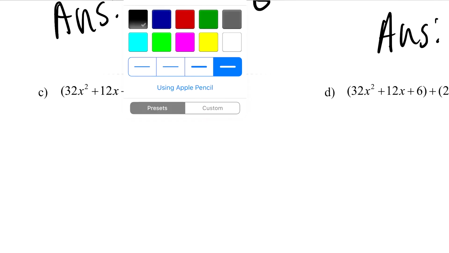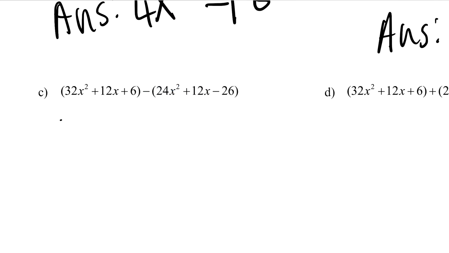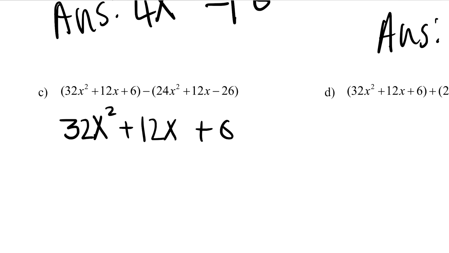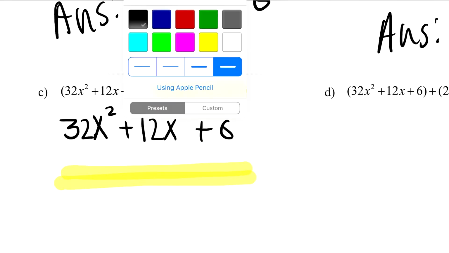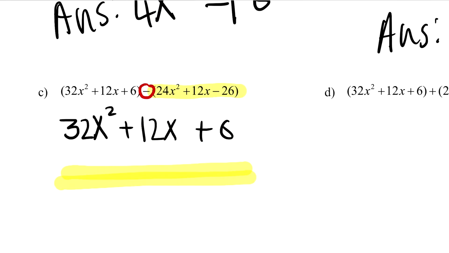When we're subtracting, we use the vertical method to subtract. I'm going to take that polynomial and write it right here, right below it. Okay, but because we are subtracting, I'm going to copy down the sign that is opposite from these signs.